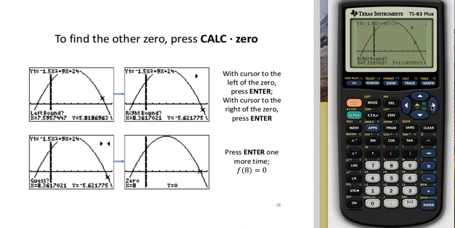So now I'm going to move to the right on the graph until I get to the other side of the x-intercept, where this point that I'm pointing to right now has an x-coordinate that's to the right of the x-intercept that I'm looking for. Hit enter to select it, and then hit enter the third time for the guess. And the answer is x equals 8 when y is equal to 0. So in function notation, f of 8 equals 0.